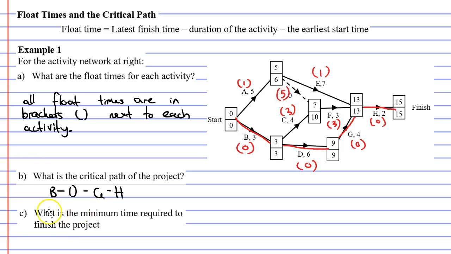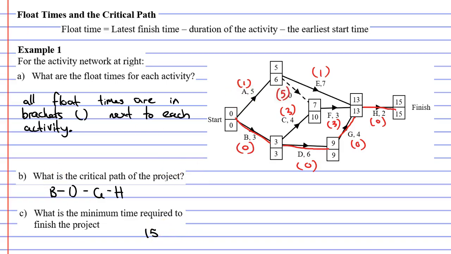And then for question C, it says, what is the minimum time required to finish the project? This is really easy. You just need to look at the numbers on the finish vertex, which is 15. So we'll write it down as 15. It never said anything about whether it was hours or minutes, so we don't need to write anything next to that.